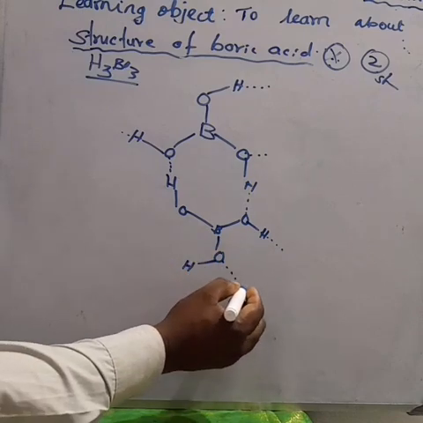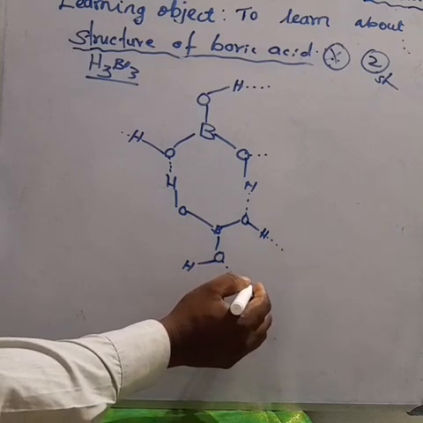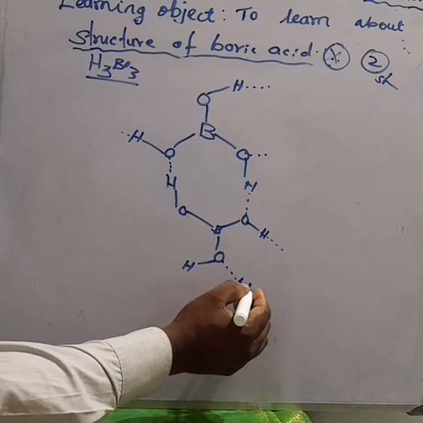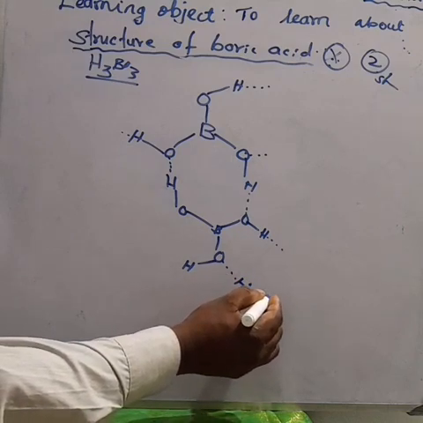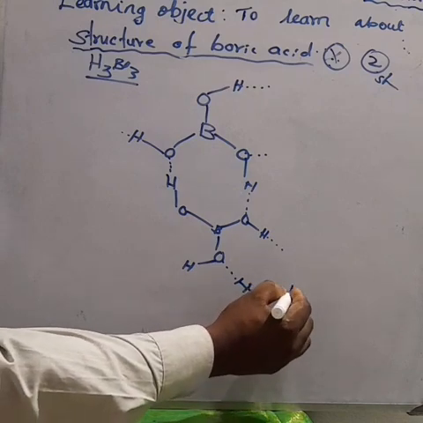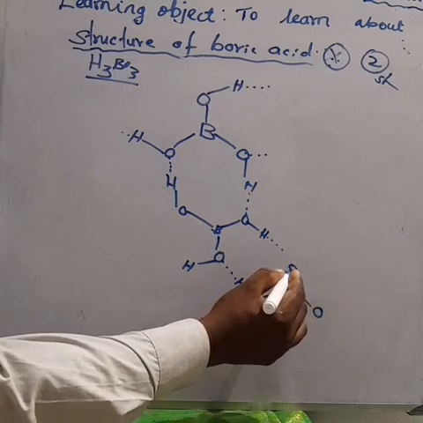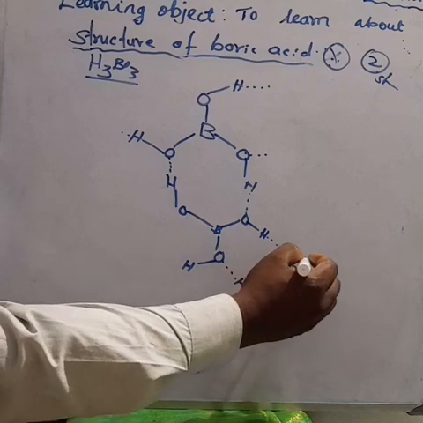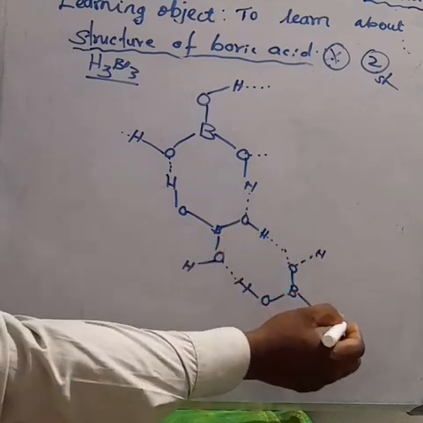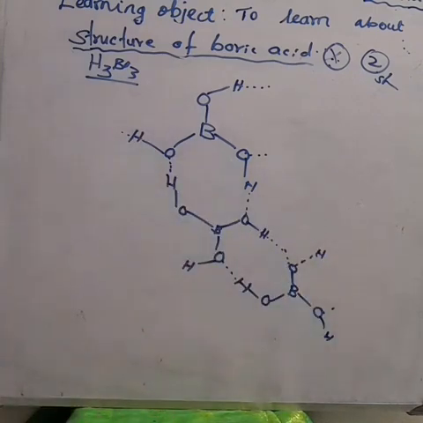Next, I am drawing 2 more boric acids on the right side corner and left side corner. I start with hydrogen, then oxygen, then boron. Understand that the boron is surrounded by 3 oxygen atoms, and I am attaching 2 hydrogens also. The third boric acid is over. Next, on the left side corner, I draw another boric acid.